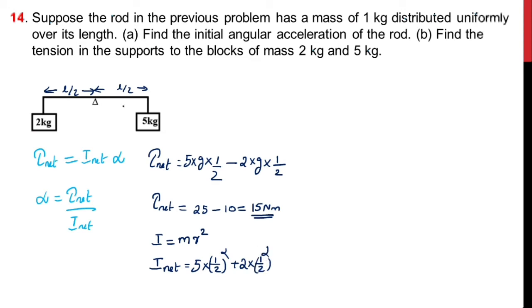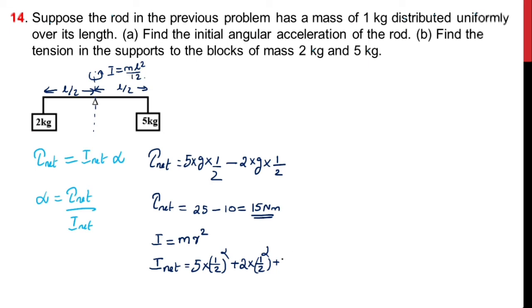Next, it is given in the question that 1 kilogram is distributed uniformly over its length. So when the mass is distributed over its length, we can consider it as a thin rod, and the axis of rotation is exactly at the midpoint. When a thin rod is rotating about its center, the moment of inertia we have already learned is ml squared divided by 12.